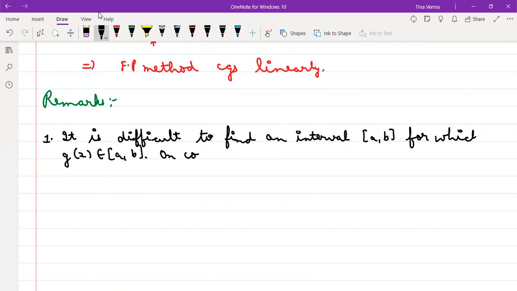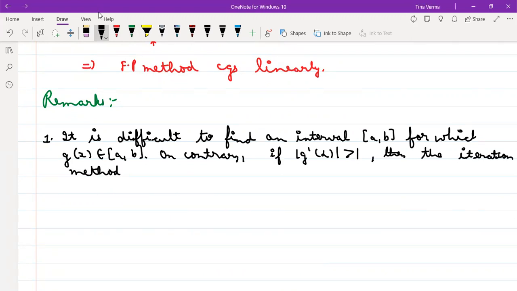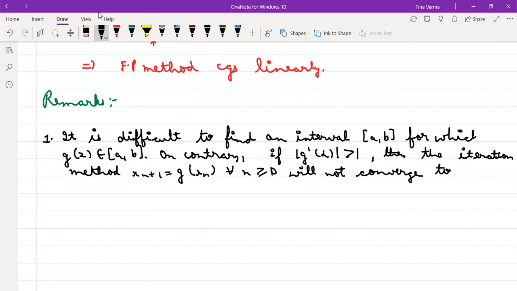On the contrary, if modulus of g dash alpha is greater than 1, then the iteration method, that is your xn plus 1 is equal to g of xn for all n greater than or equal to 0, will not converge to the fixed point.